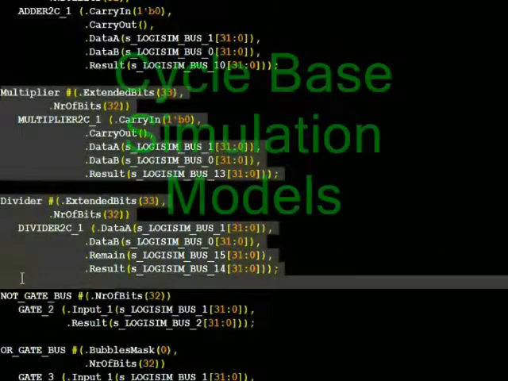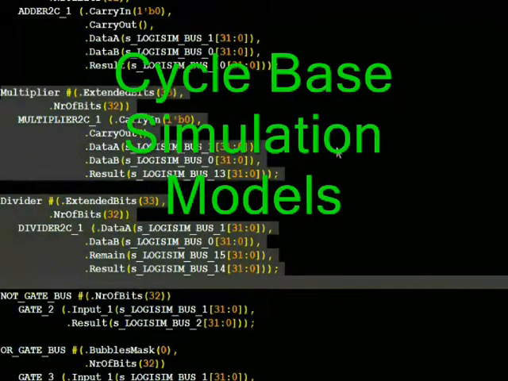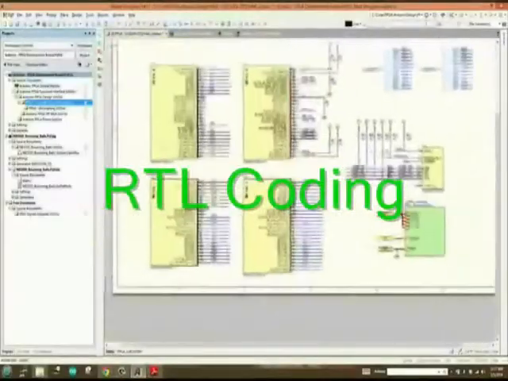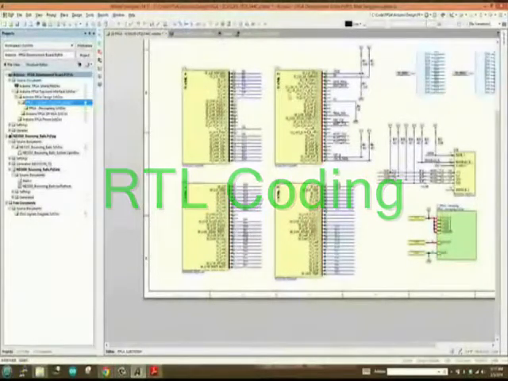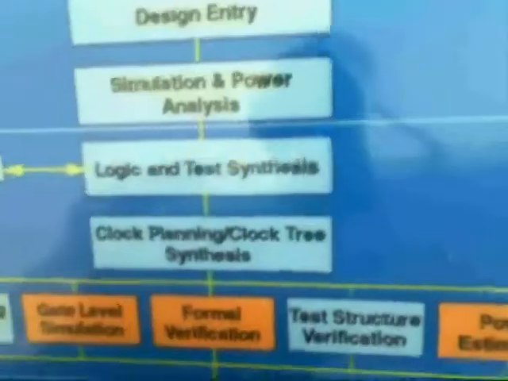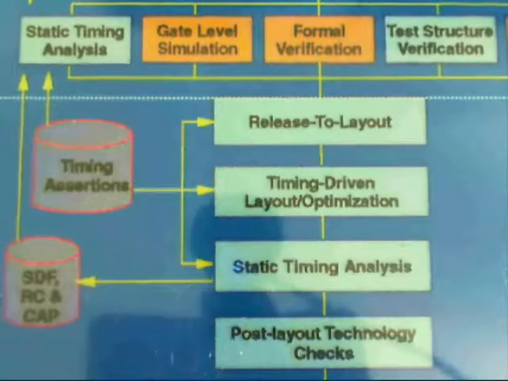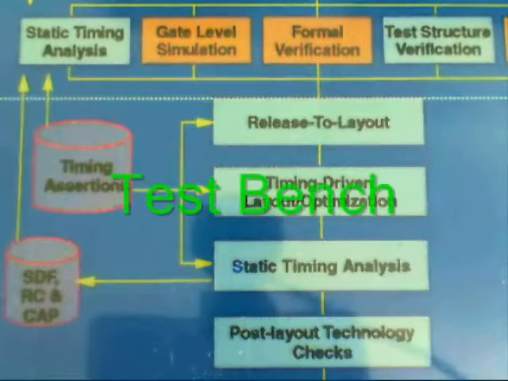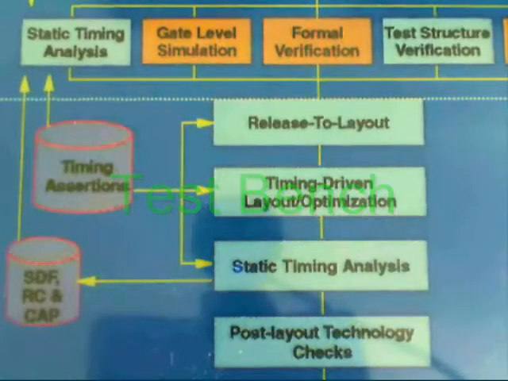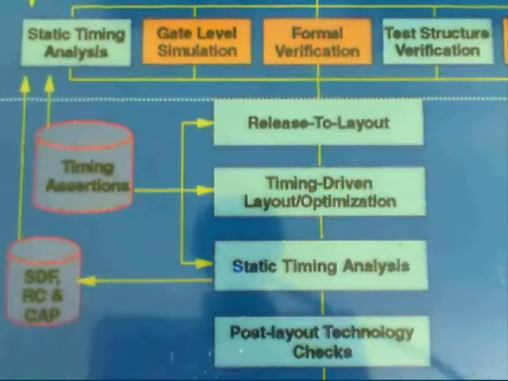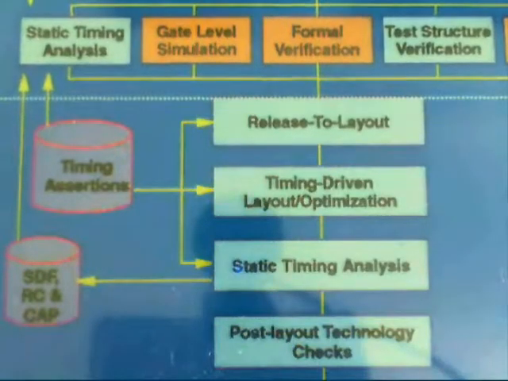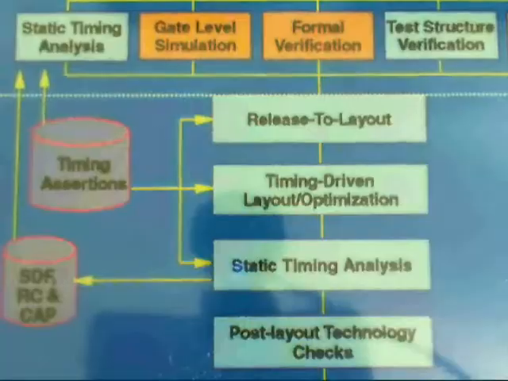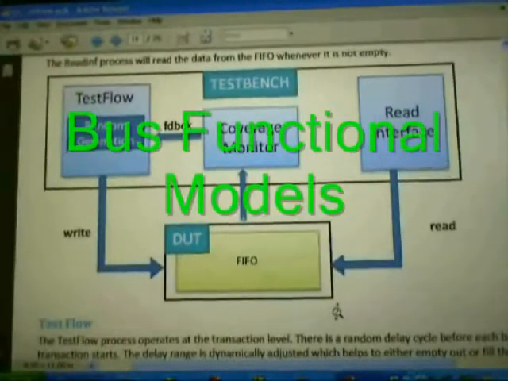In general, RTL that complies with the coding guidelines will work with cycle-based simulation and emulation. However, test benches and bus functional models, unless coded to the same RTL guidelines, are important and effective for large macros.